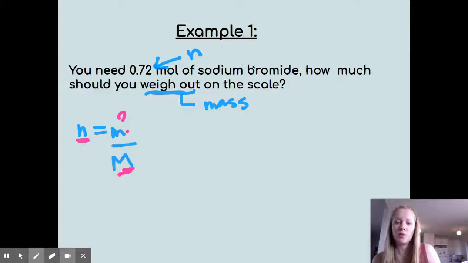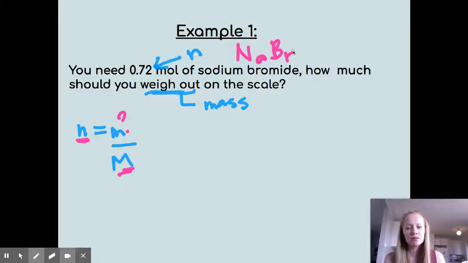So sodium bromide, this is the formula. This is balanced. Sodium has a charge of +1, bromine has a charge of -1. These rules still apply. You don't get to forget about them. So I can always calculate my molar mass. It doesn't matter what the question is asking me. This is almost always my first step.